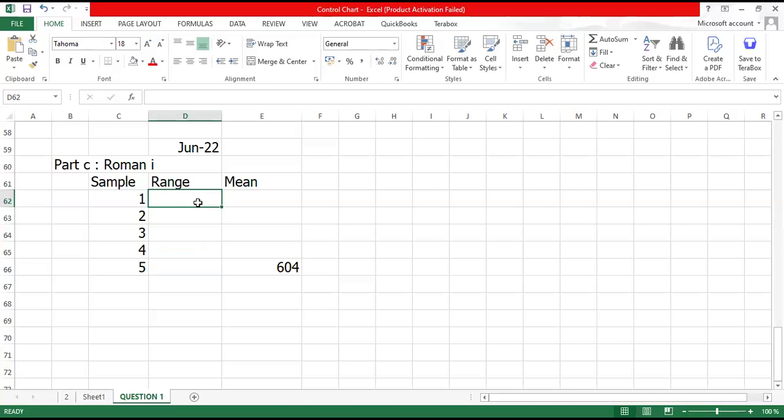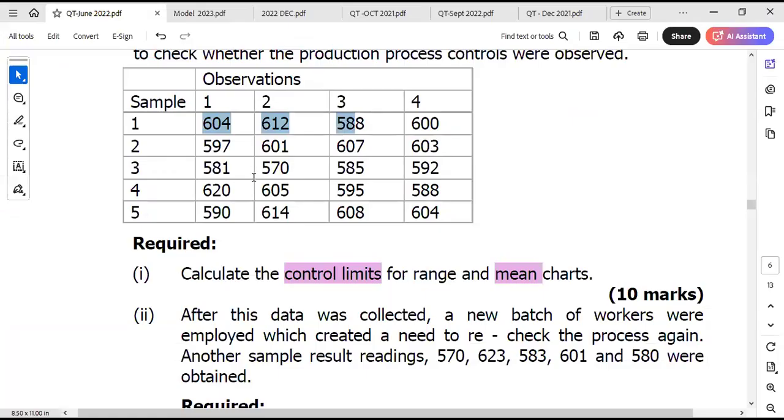Kindly share the question again so we can do the numbers. Remember to get mean, meaning you're adding all these values, then divide by 4. This plus this plus this plus this, the answer you get divided by 4. Then range, you're getting the highest minus lowest.